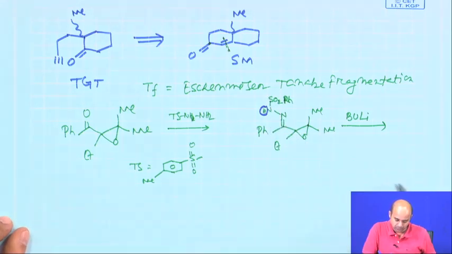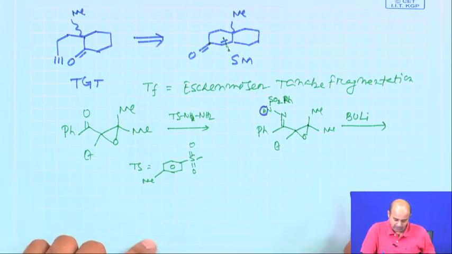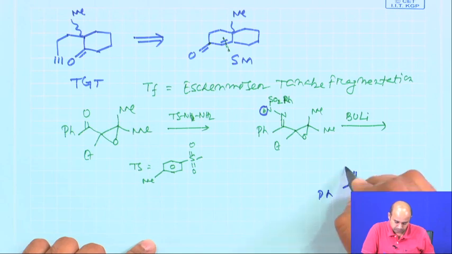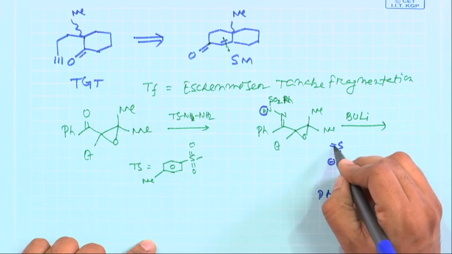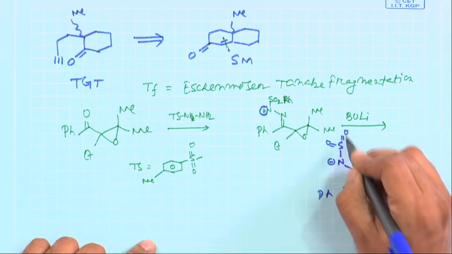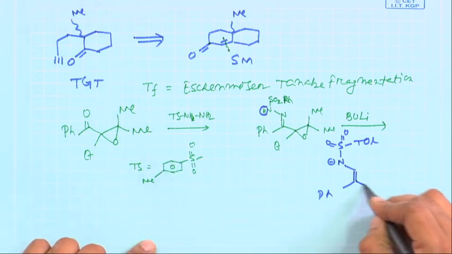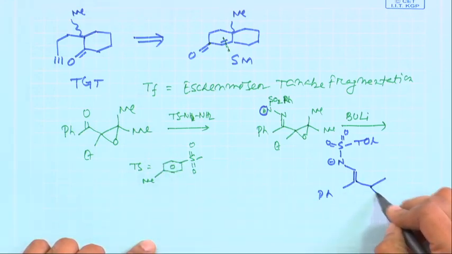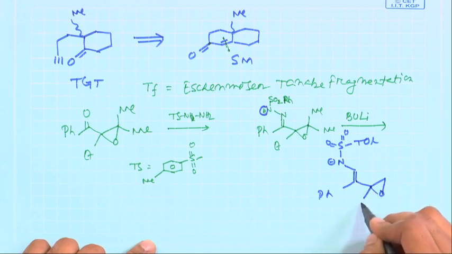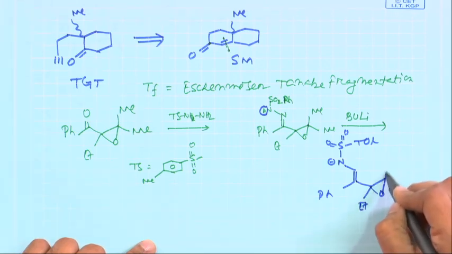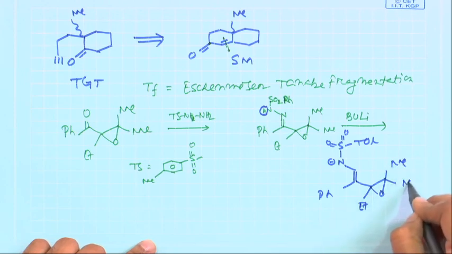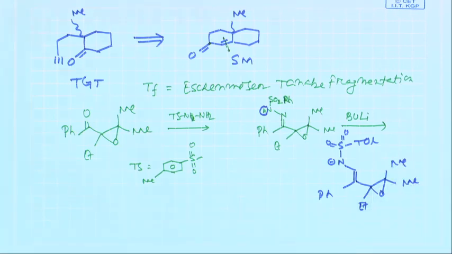This will be abstracted and you will then get this minus and this S double bond O, and let us say tolyl means 4-methylphenyl. The remaining part is all similar. You have an ethyl group here, you have a methyl group here. So, after the initial base abstraction you are here.